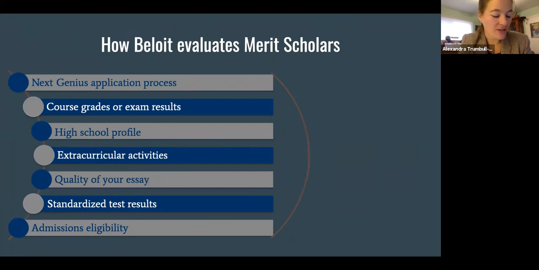Right, so then with merit scholarships, I'm going to keep an eye on the time here. How we are evaluating you through the Next Genius program, and then also for scholarship consideration outside of Next Genius, this is how we evaluate everyone. For you, we are obviously going to be looking at how you're demonstrating your merit through the application process.